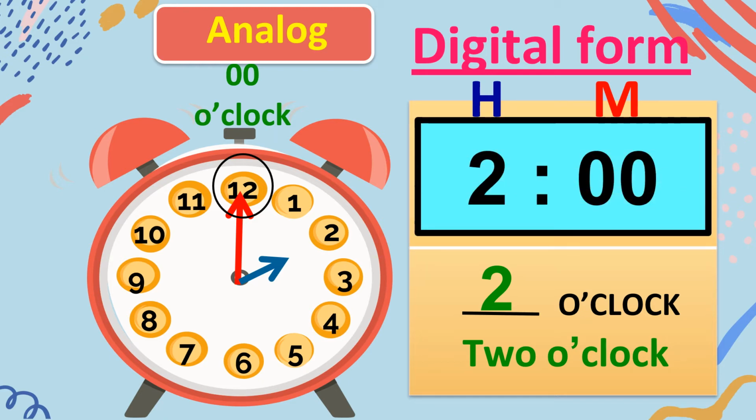Then in minutes we write the long hand. Here the long hand points to 12. So it means 0, 0. So in digital form, when the long hand points to 12, I write 0, 0. So in digital form, I say 2, 0, 0.